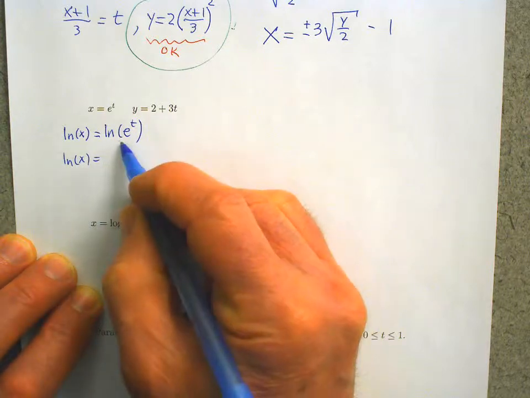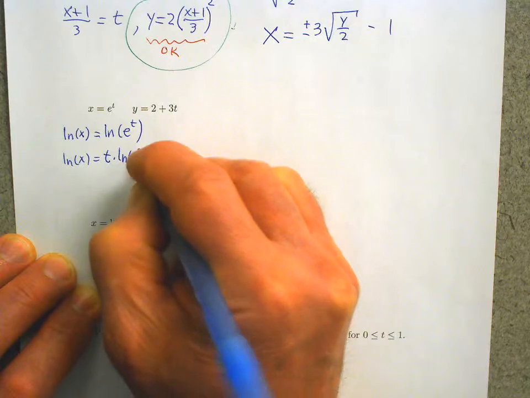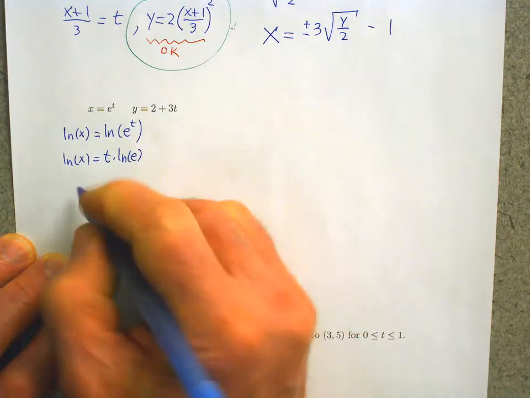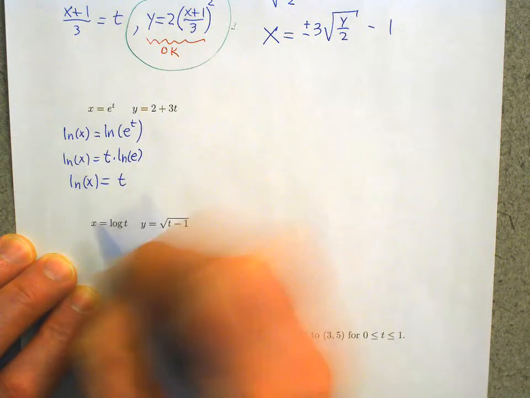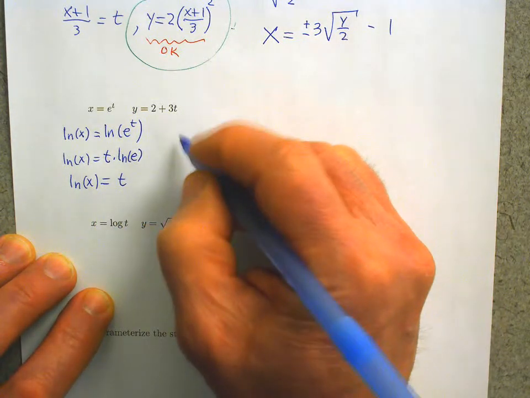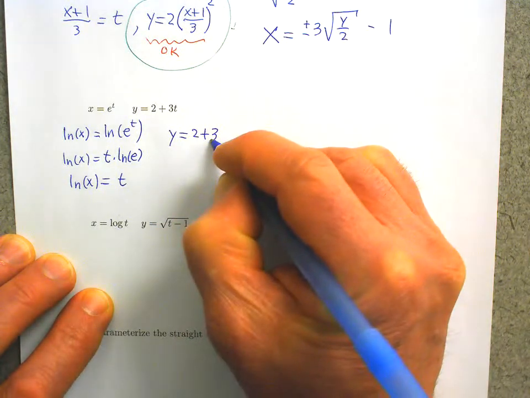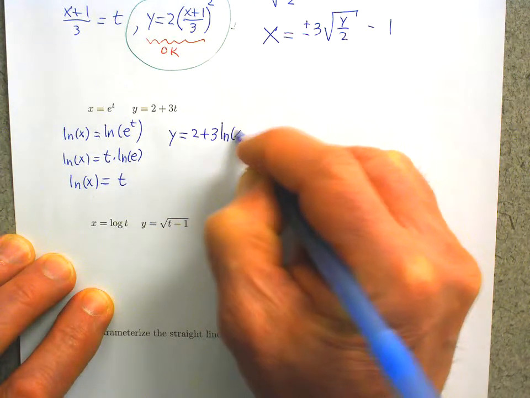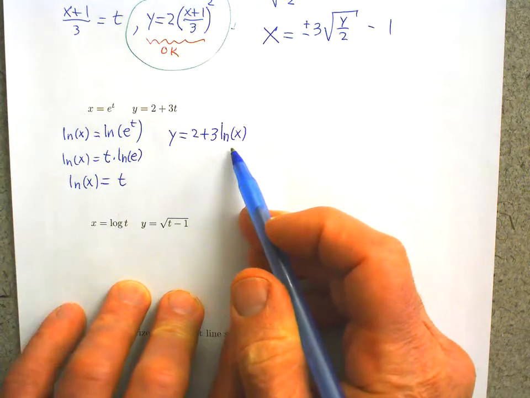But the natural log of e to the t is equal to t times the natural log of e. The natural log of e is 1, so we get t equals the natural log of x. So in the other equation, we just replace t with the natural log of x. So we get y equals 2 plus 3 times the natural log of x.